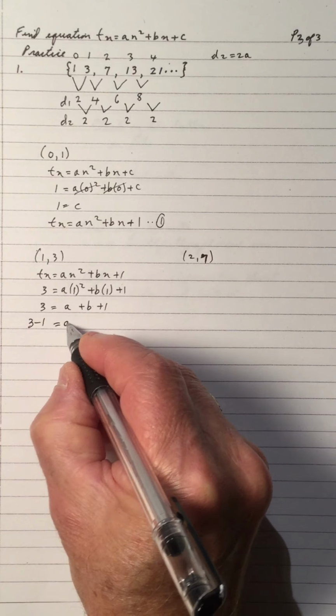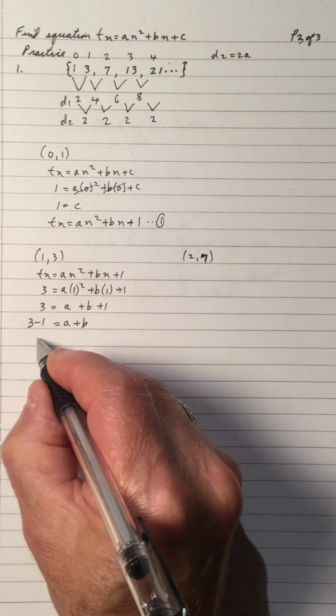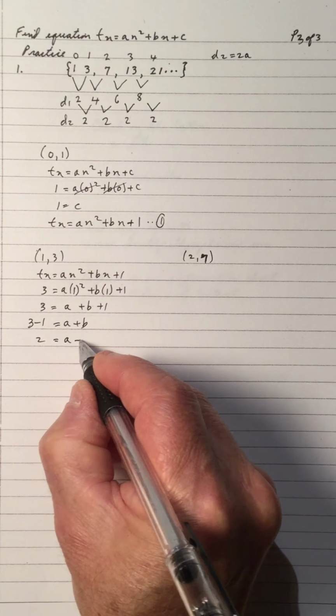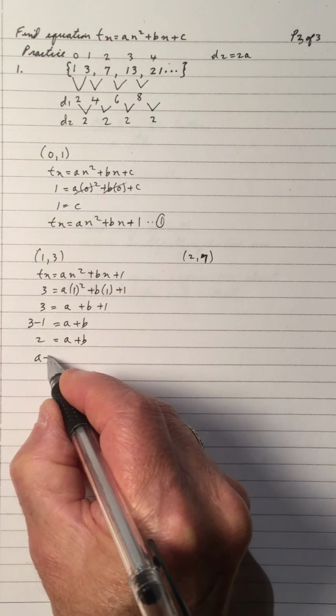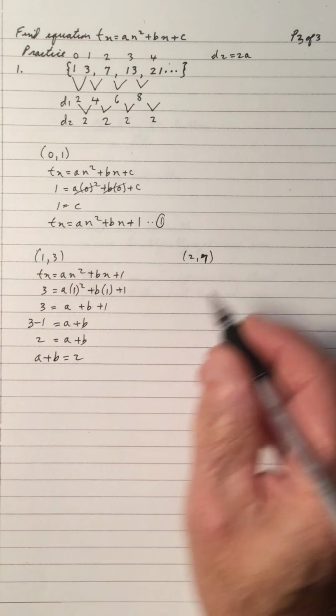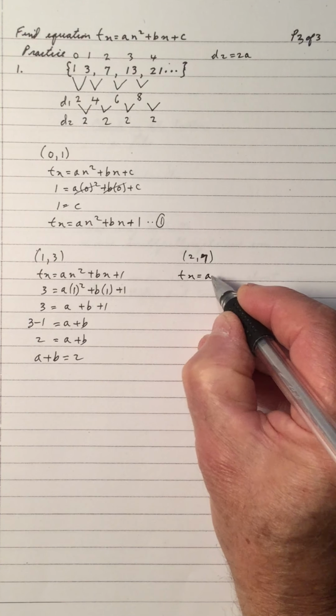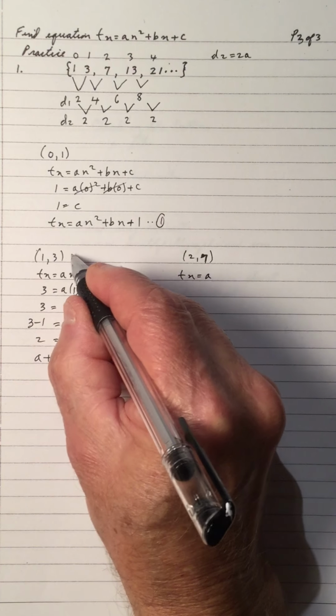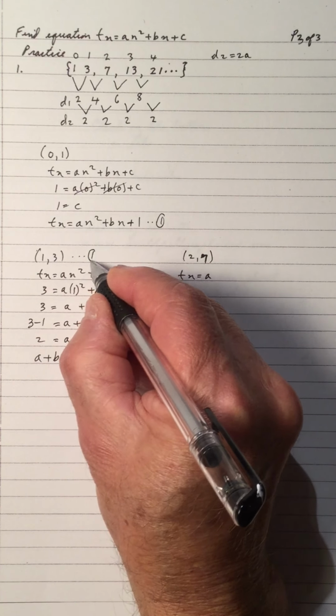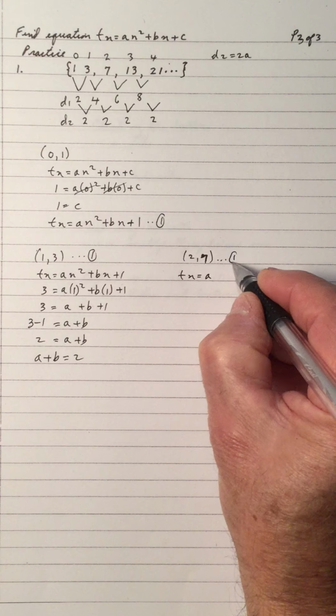So 3 equals a plus b plus 1. 3 minus 1 is a plus b. So 2 equals a plus b. So a plus b equals 2. And Tn equals 7 when n is 2; again, we're subbing this into number 1.